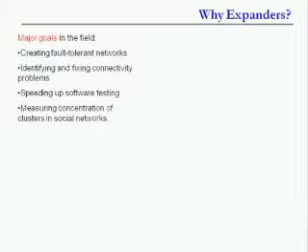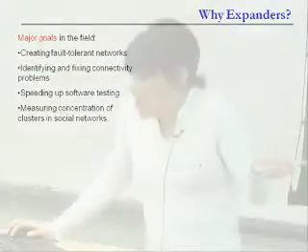OK, so I'm particularly interested in expander graphs, and let's look at why and what, basically. In computer science, there are major goals to create fault-tolerant networks, fix connectivity problems, speed up software testing, cluster in social networks, and everything.